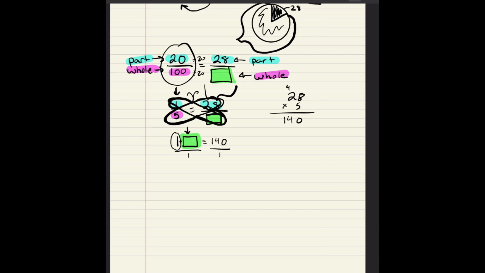So I'm going to divide both sides by 1, which would cancel out. So our unknown number equals 140, because 140 divided by 1 would be 140.